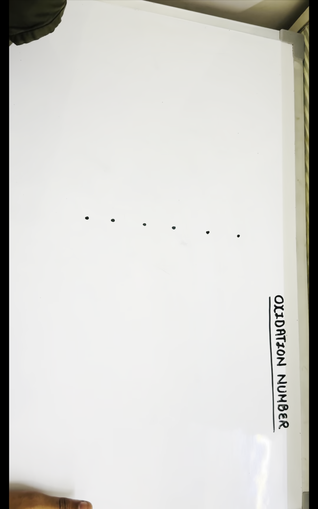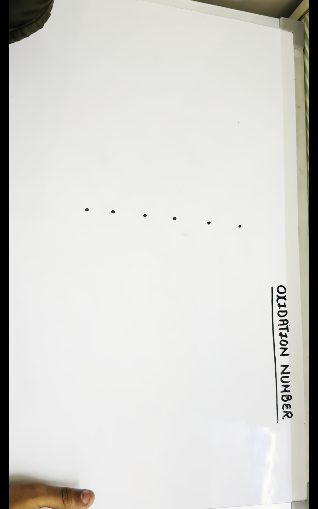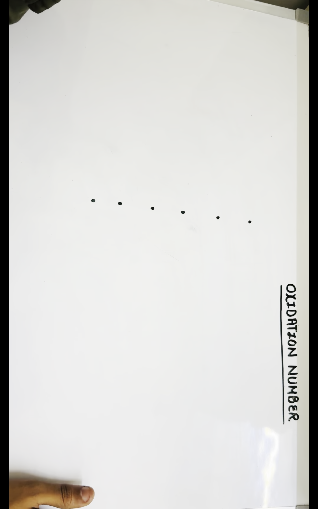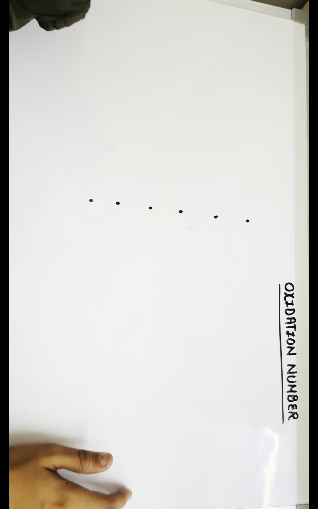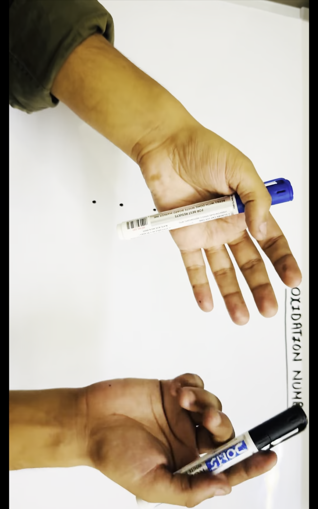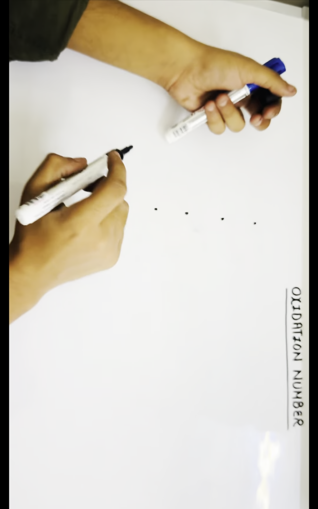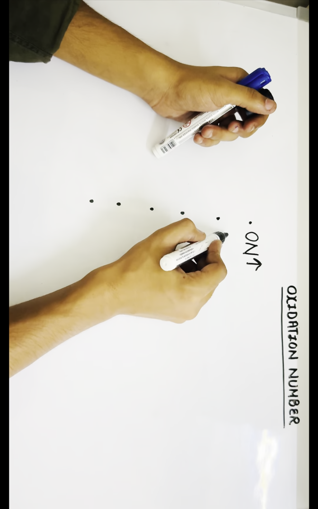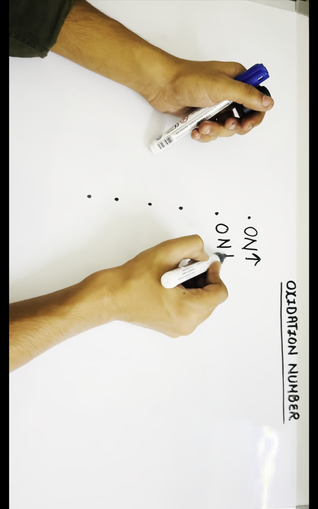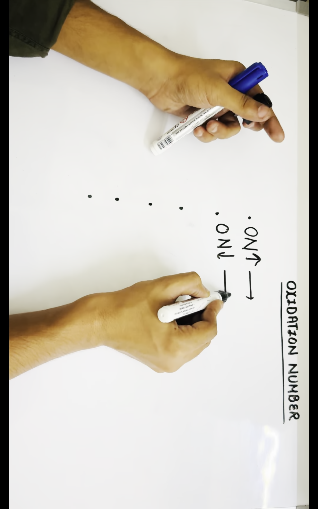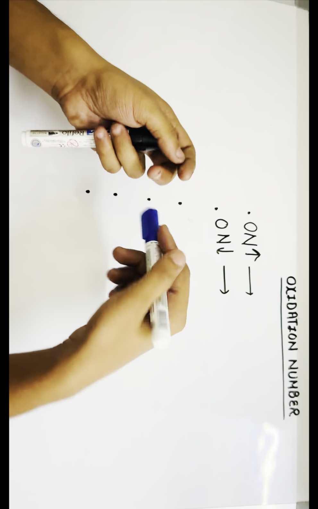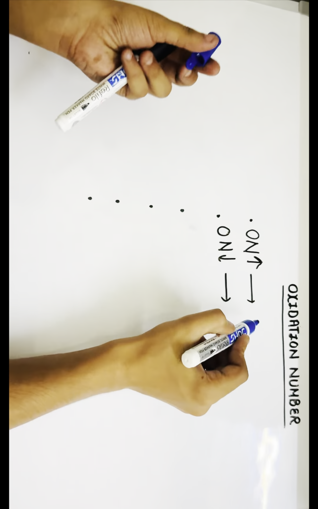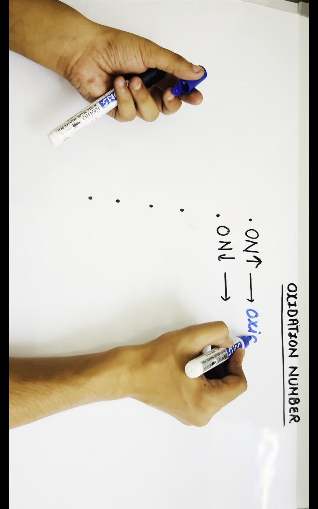I think the oxidation number definition is clear to all of you. Now we have some other points too in the oxidation number concept. The first point is: if the oxidation number is increasing, it means oxidation is occurring.